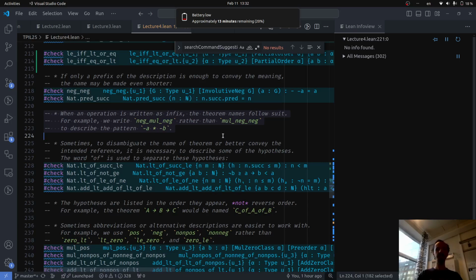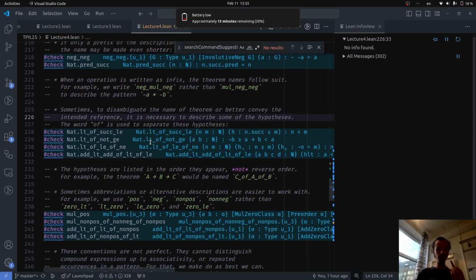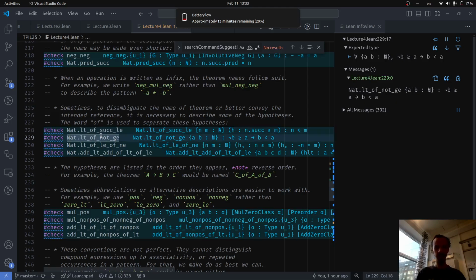Right, so infix operators like mul are written as infix. So we have neg_mul_neg, which is like minus a times minus b. If you want to describe hypotheses, you start from the conclusion, and then you say of, and then you write the hypotheses in left to right order.